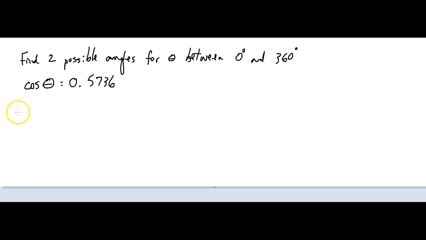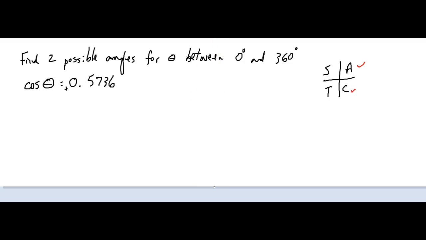So we know that we've got the cast rule. Let's use that cast rule right over here. And we have a positive value for cosine. Since it's not written as a negative, it's a positive. Where is cosine positive? That's what you have to ask yourself. So cosine is positive where they're all positive. It's also positive in quadrant 4. So that is where our angles will be.